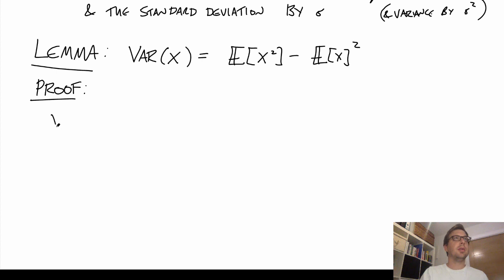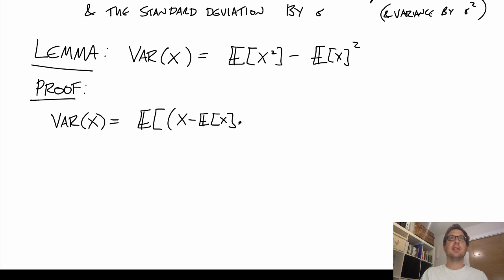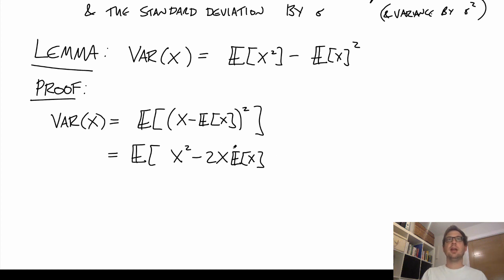We know the variance of x is equal to E of (x minus E of x) all squared. Whenever we see a square, the sensible thing is to expand out the brackets. So we end up with x squared, then minus 2 lots of x times this expectation, then added on that expectation squared.